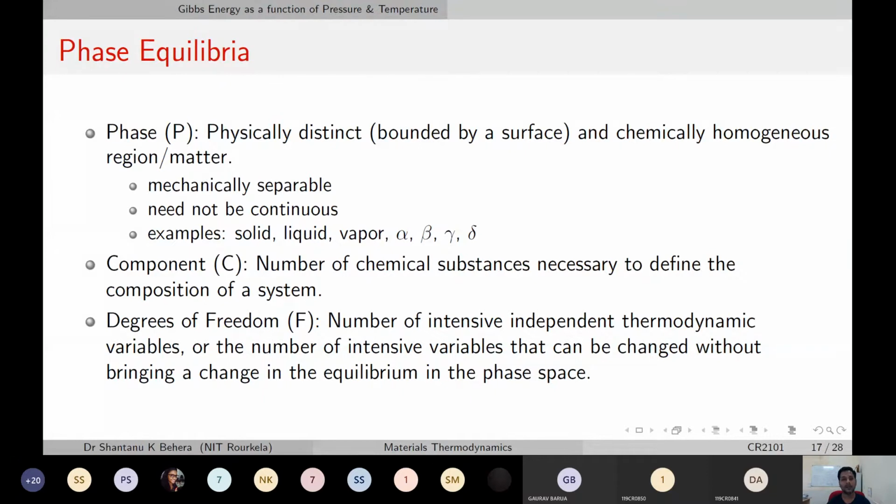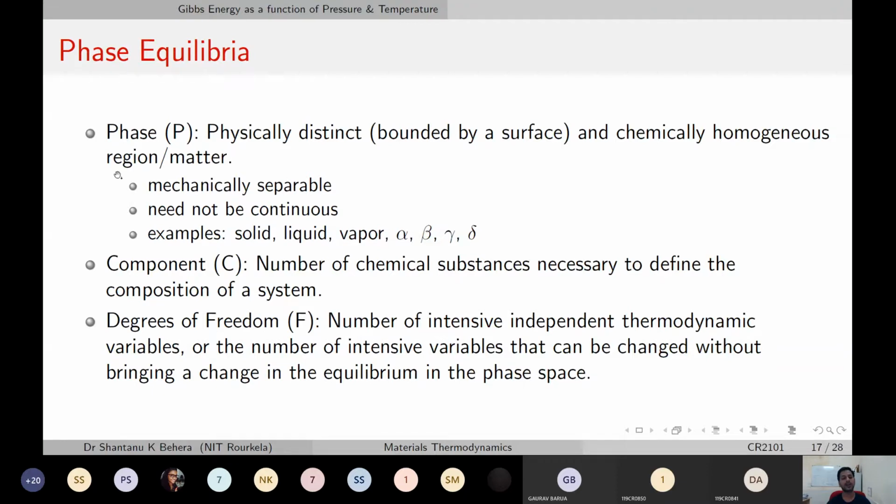Now you might ask the question, can you separate it out? Well, it cannot be separable by sieving, but there are other ways to separate it out. If that's a distinct matter, no matter what the size is, it can be nanometric dimensions, micron scale dimensions, or a bigger one.